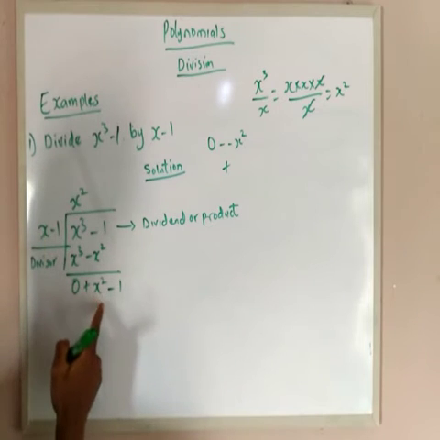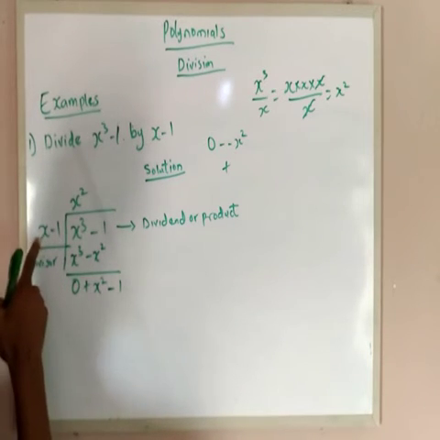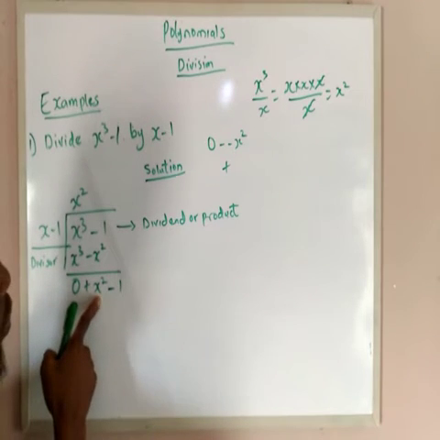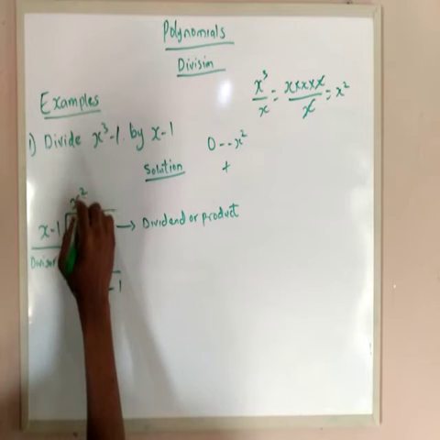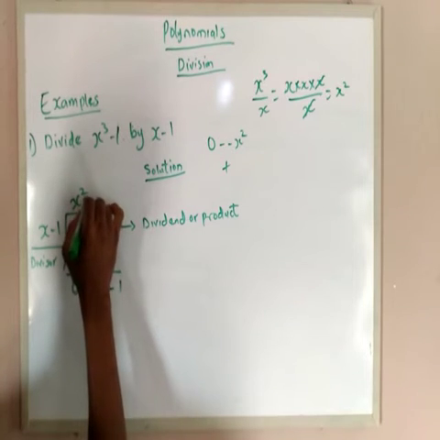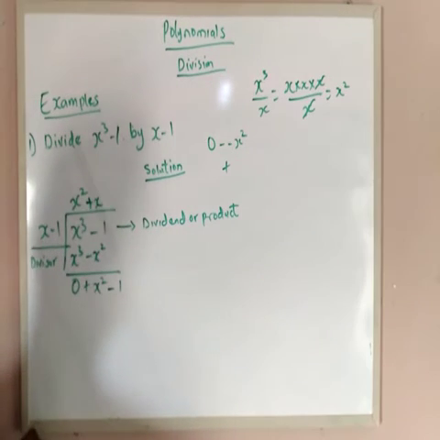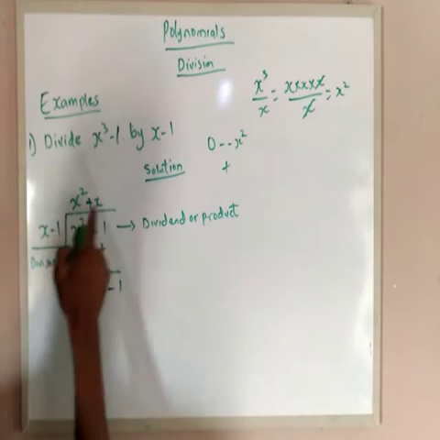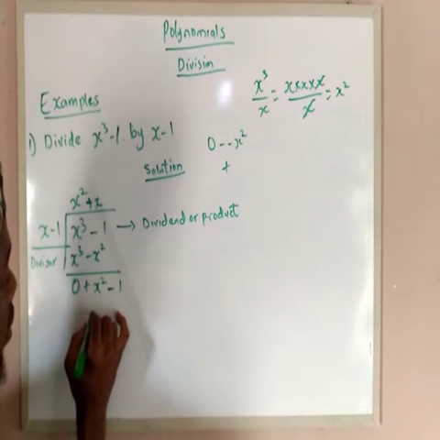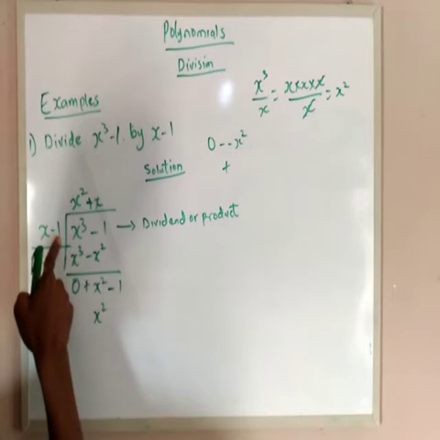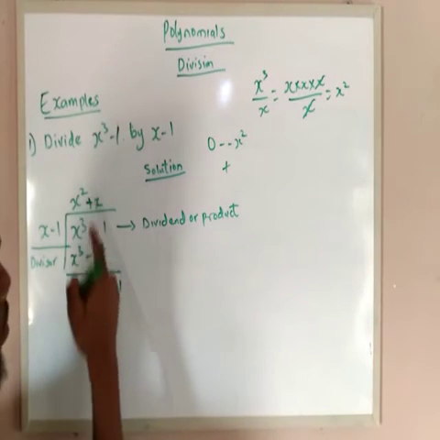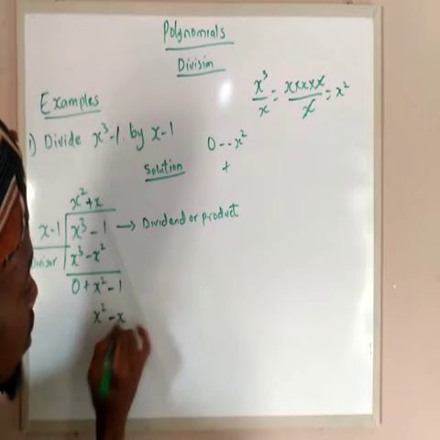We try and use this one to divide this again. x raised to power 2 divided by x will be x, and it is plus. x times plus x will give us x raised to power 2. Minus 1 times plus x will give us minus x.